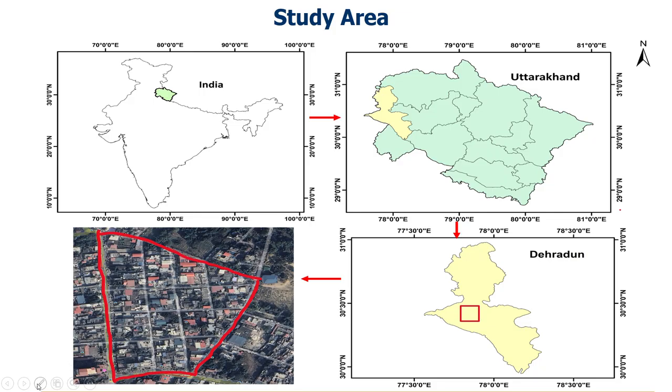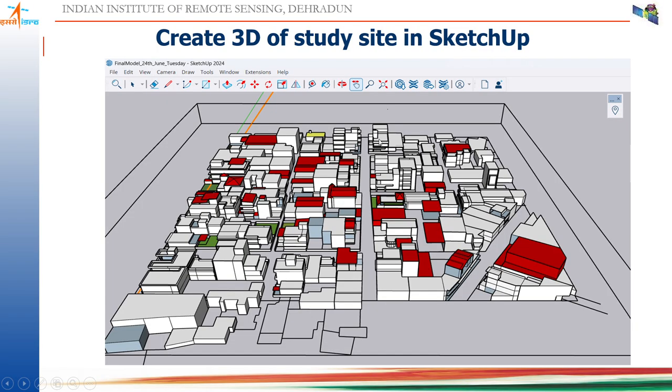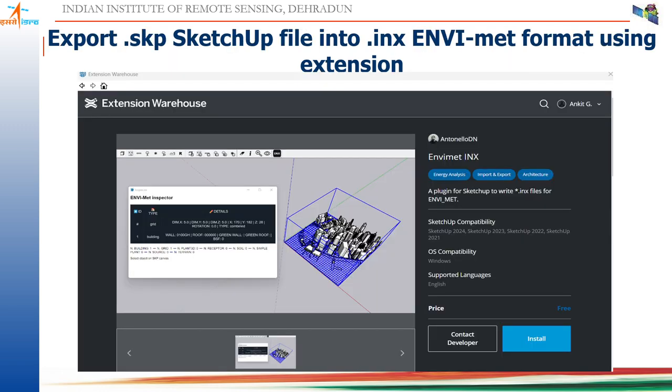I want to highlight this is the study site. In my case it is in India, in Uttarakhand state, and this is our study area. This is very simple, how we have digitized. This is just a SketchUp 3D view of my study site, and this is a very important slide.